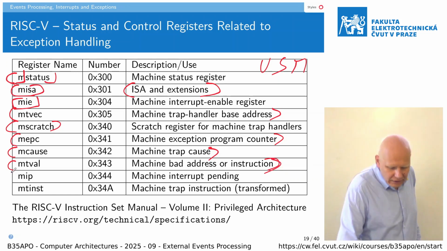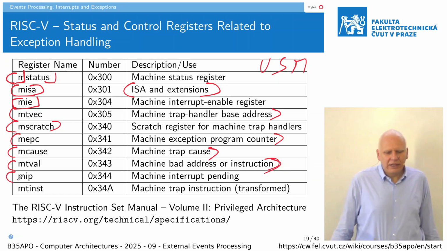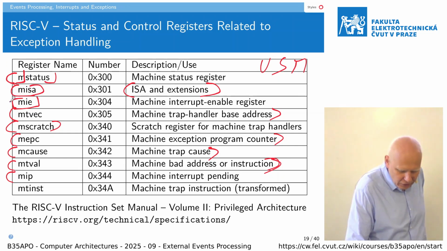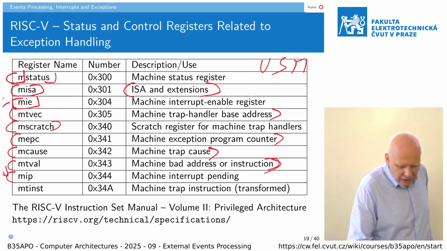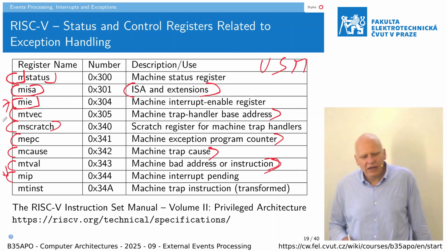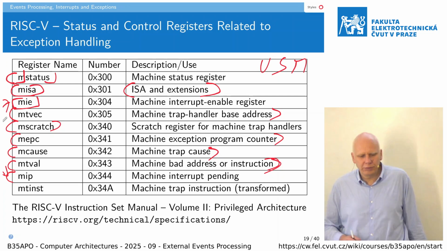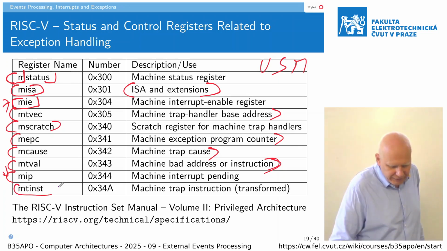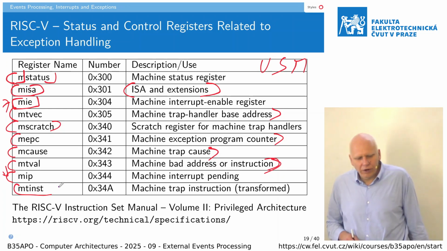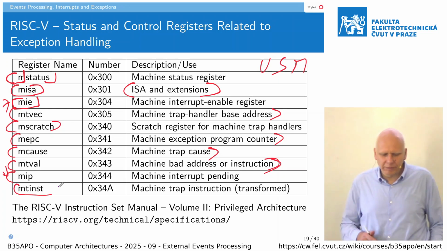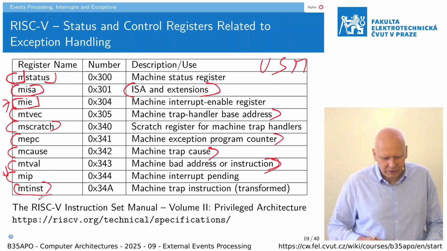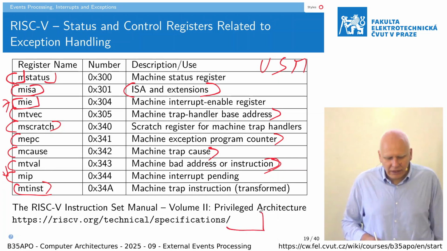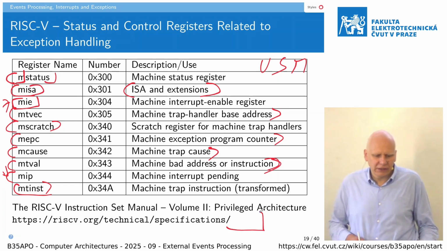And then there is a register which holds, in the corresponding bits, which interrupts are pending and should be processed. And there are some specific registers for some translation and for the hypervisor and so on. All this is defined in the RISC-V technical specifications.